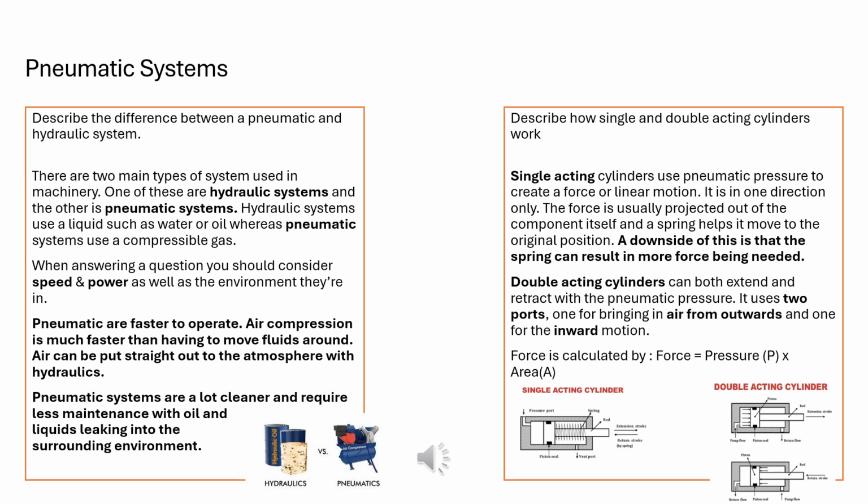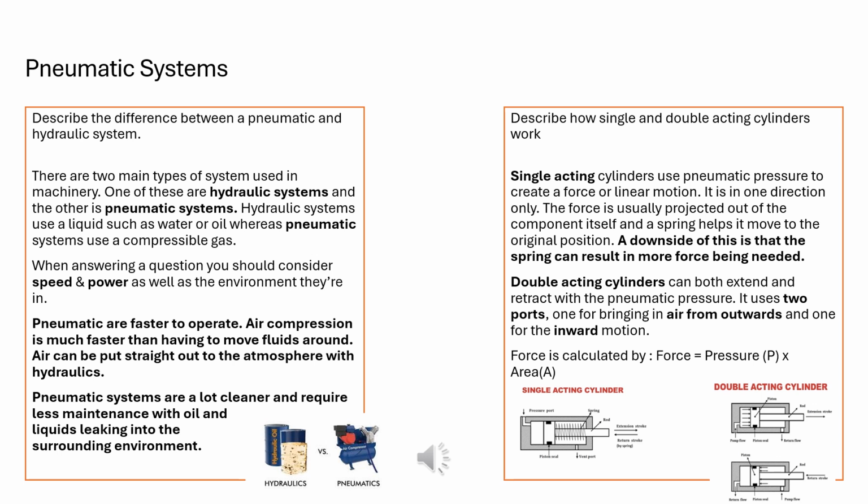So you need to be able to compare the difference here. Where hydraulic systems will use water or oil, pneumatic systems use compressible air, which is a lot easier to maintain and produces less fluid to the environment.